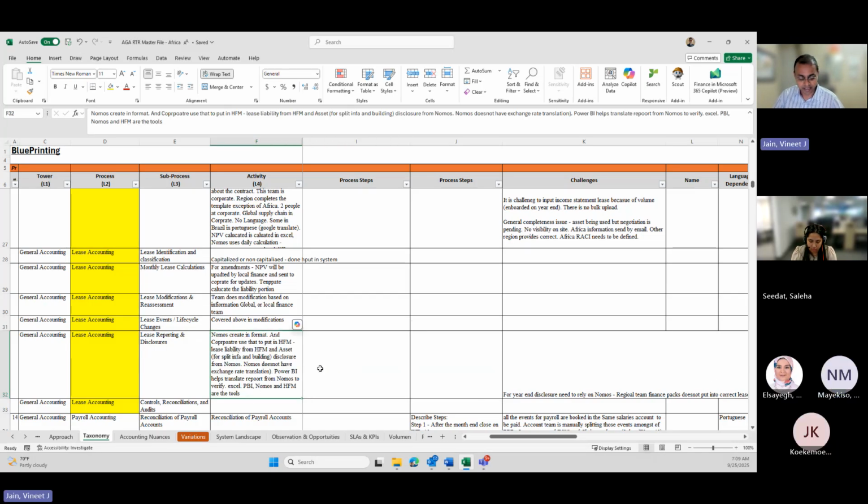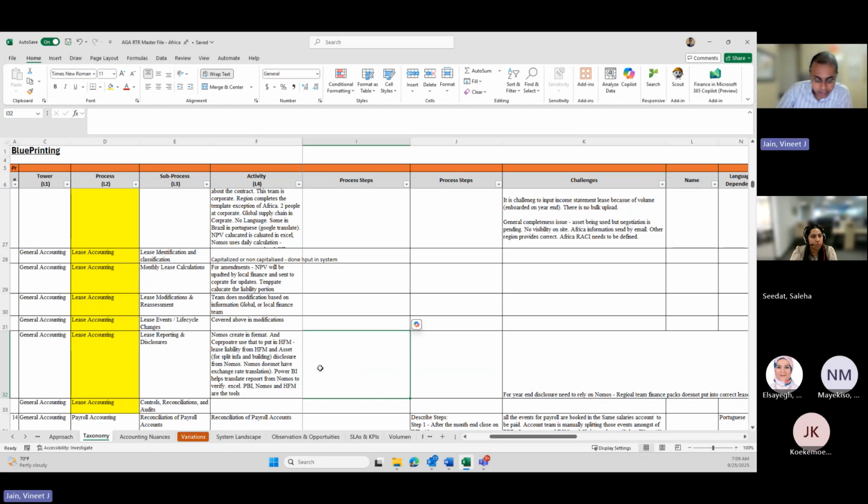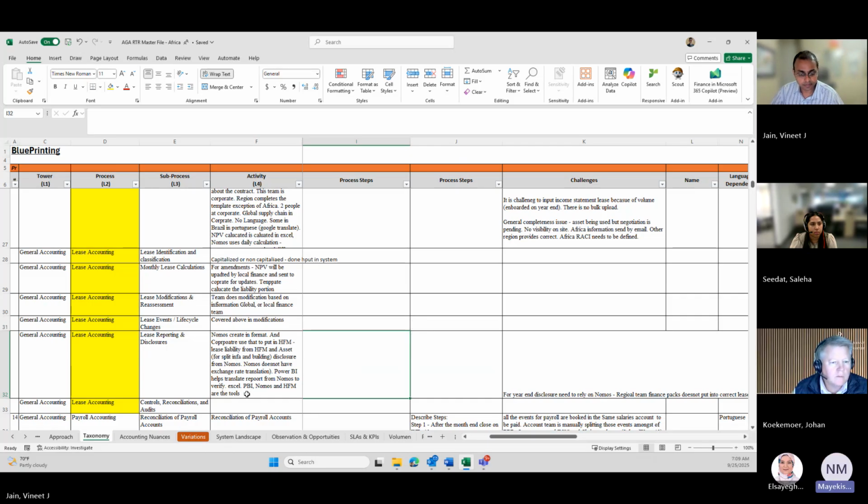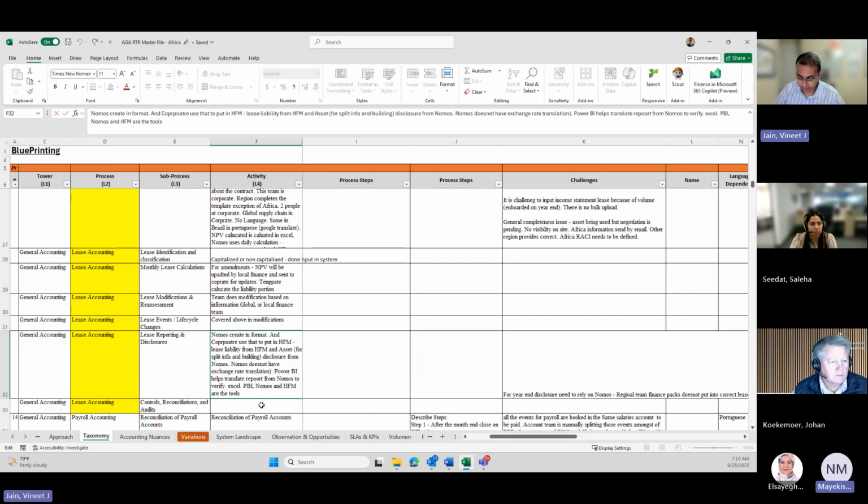Yes. And are you creating yourself any general entries also relating to lease? No, Nomos creates the journal entries, and the finance teams then extract the reports so that they can process those entries. Okay.